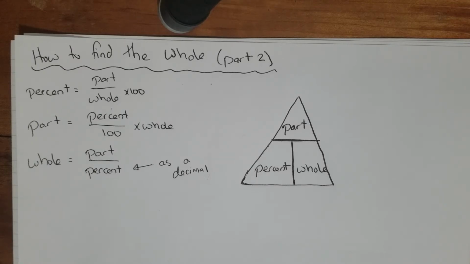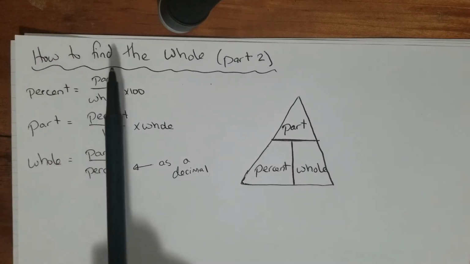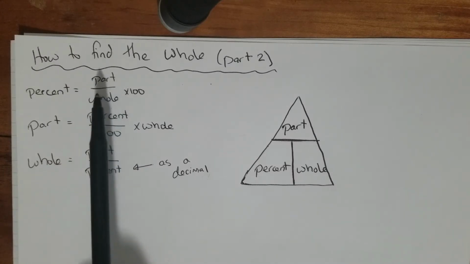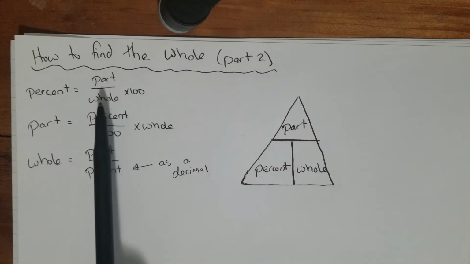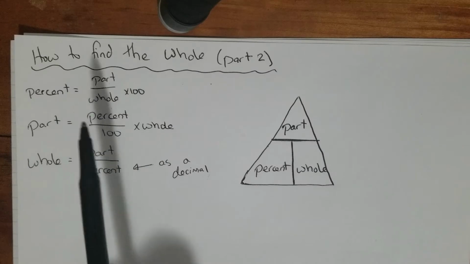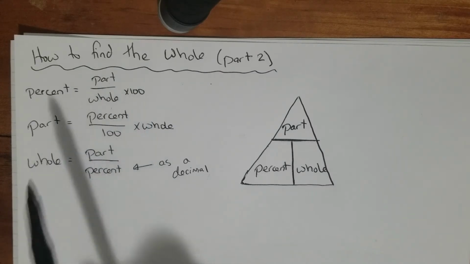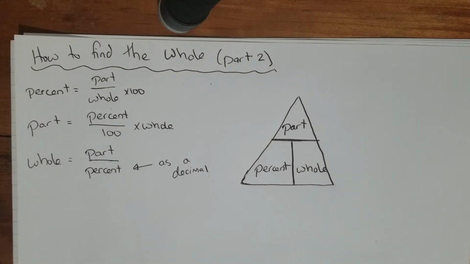What that means is that the part of the questions that you got right were 20 out of 25. To figure out what percent that would be, solve for percent. We take the part of 20, divide it by the whole of 25, and that would give us 0.80. Multiply that by 100, and we get a percent of 80%.